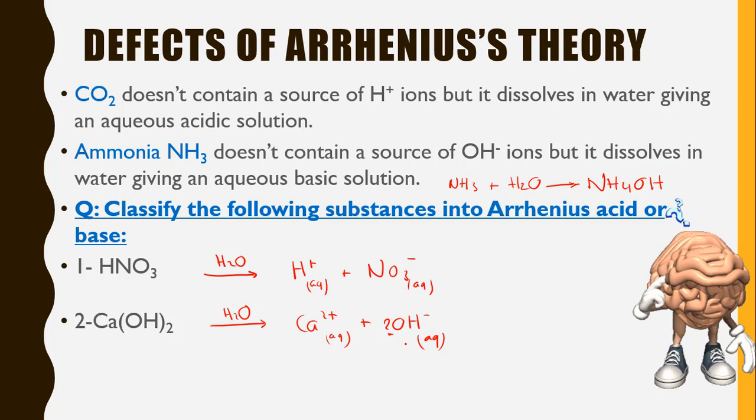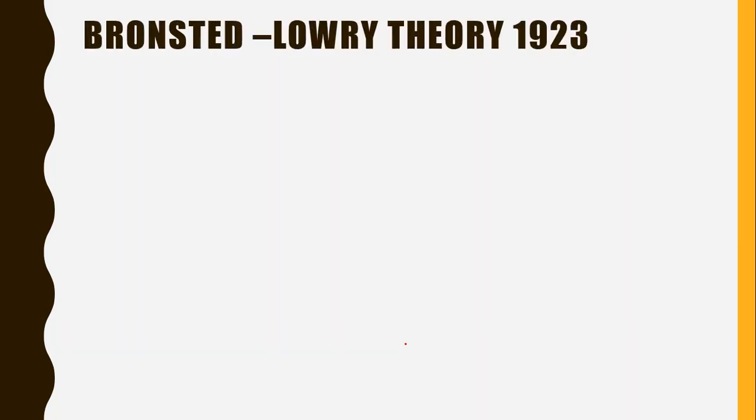So an Arrhenius acid must contain one or more positive hydrogen ions, which is why they call it a positive hydrogen ion producer. An Arrhenius base must contain negative hydroxide ion, or we call it a negative hydroxide ion producer. Okay. The second theory is Bronsted-Lowry theory.